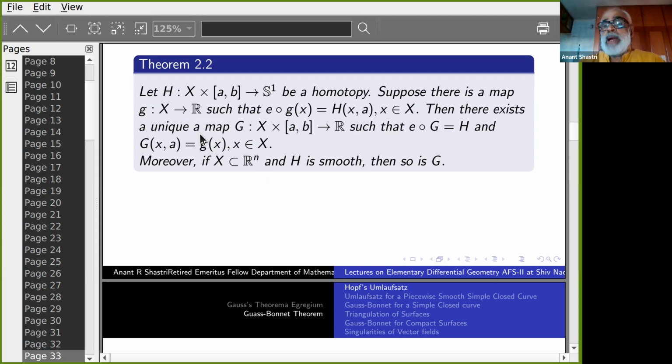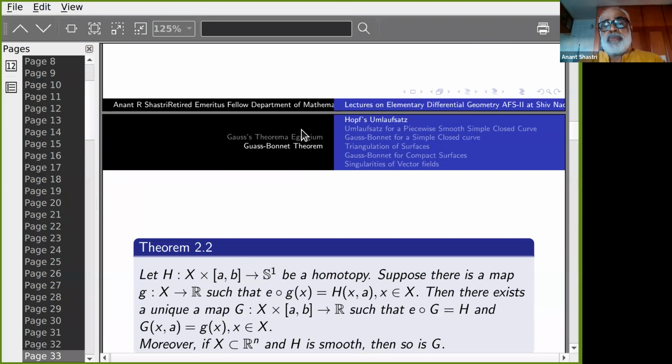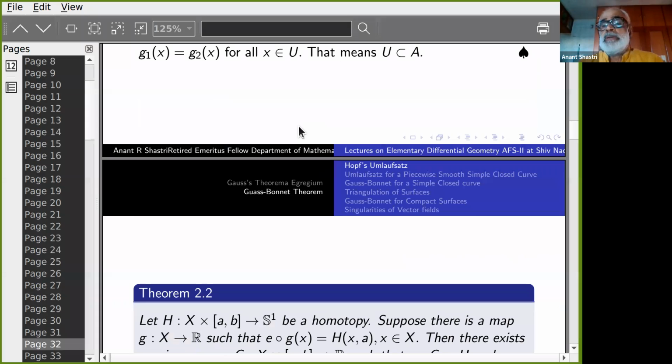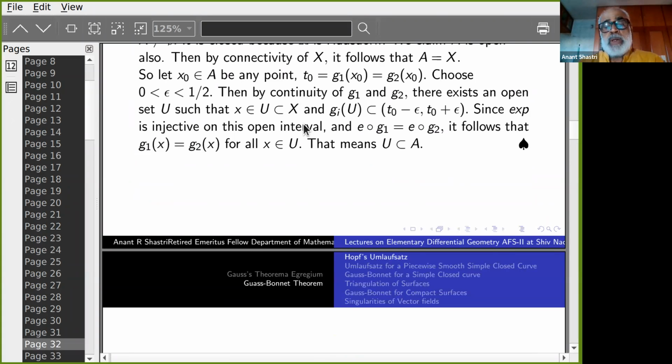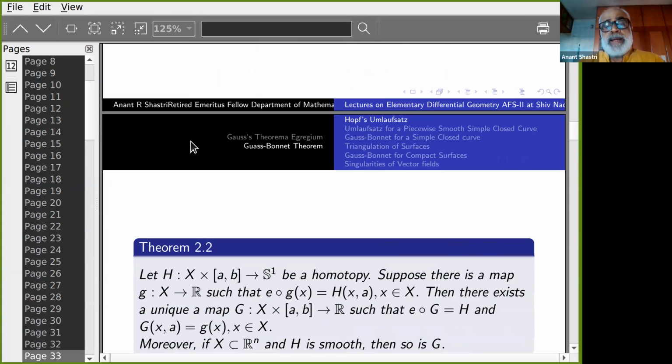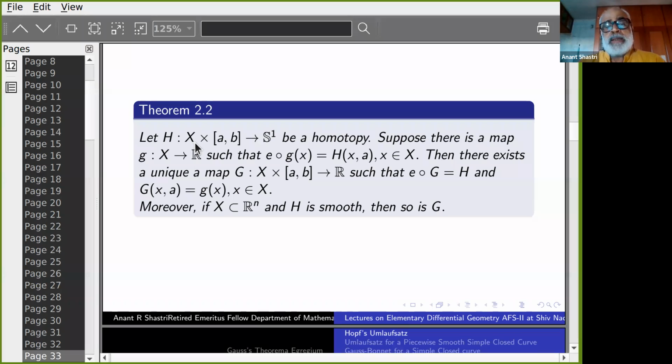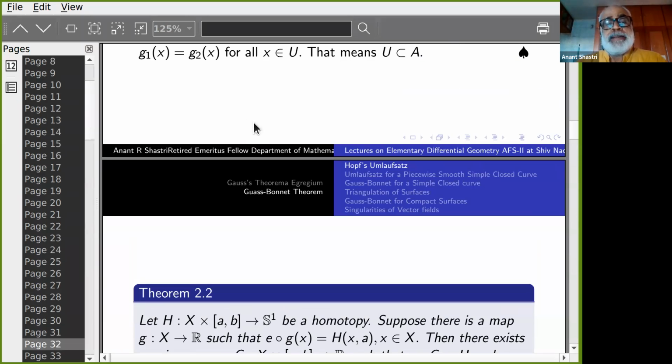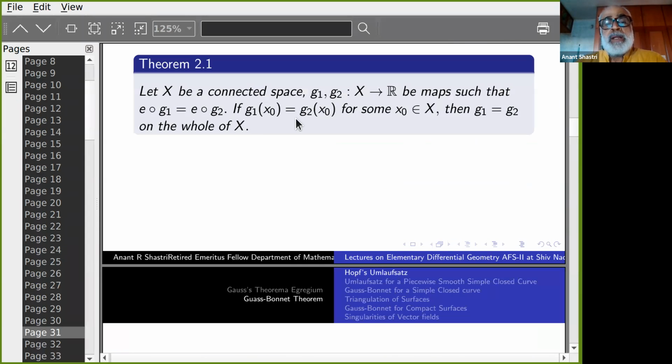The uniqueness part is automatically coming. The uniqueness part is actually coming from here. You know why? Because X could be anything now. Look at a single point X, cross [a, b]. The interval [a, b] is connected. So at one point G of a is fixed.